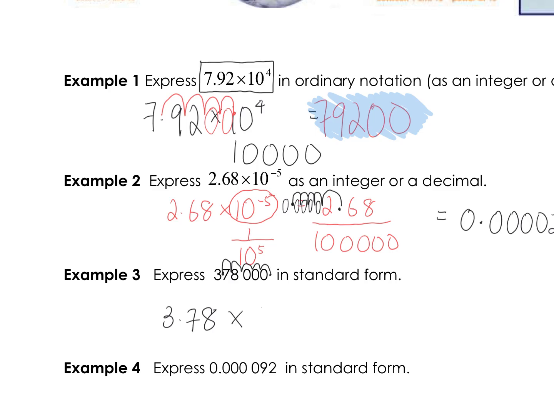Now the problem is, what should this power be? Should it be a positive 5 or a negative 5?